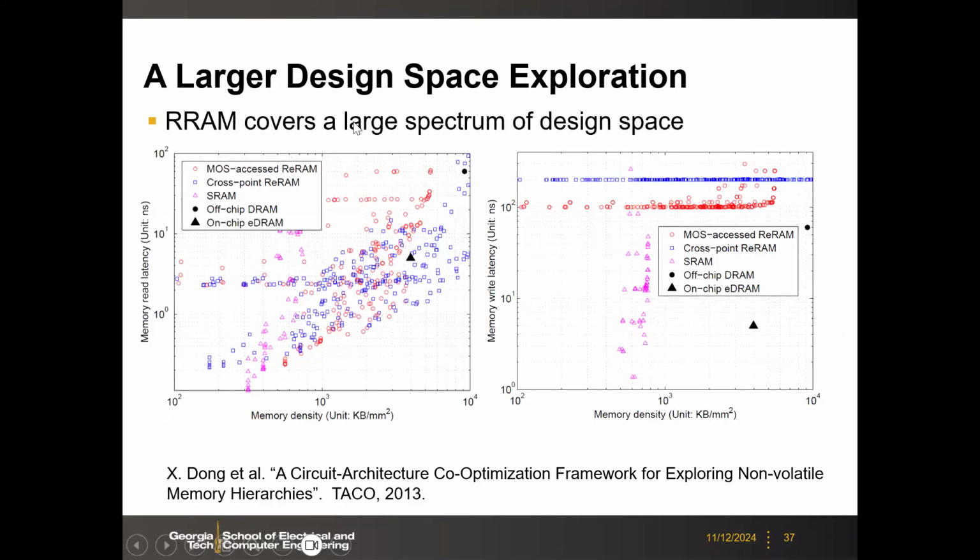So this is how the design space looks, because you have so many combinations, right? So each point here corresponds to one particular combination of, let's say, the number of cells in one array, and then the transistor type, the driver size, and so on. So you have hundreds of points.